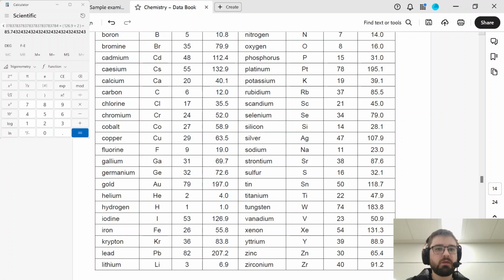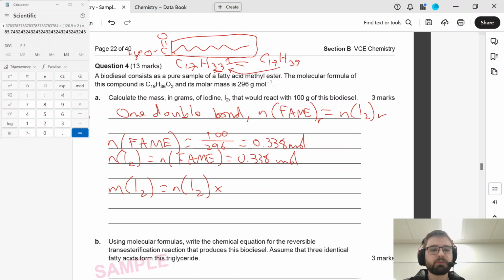That's 127, 254. 85.74. So 85.7 to 3 sig figs.